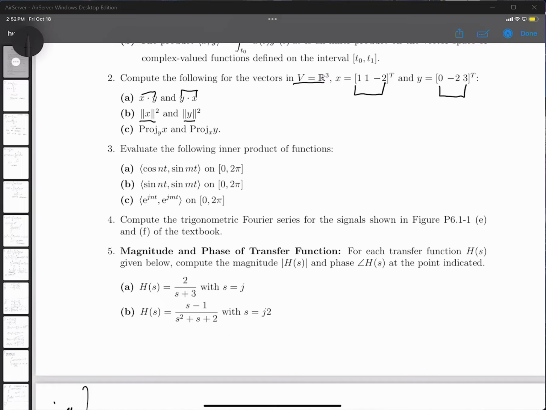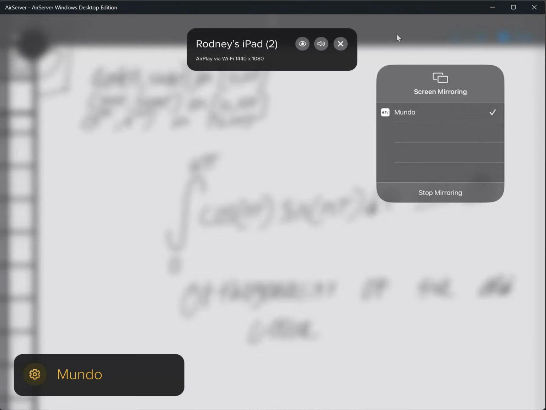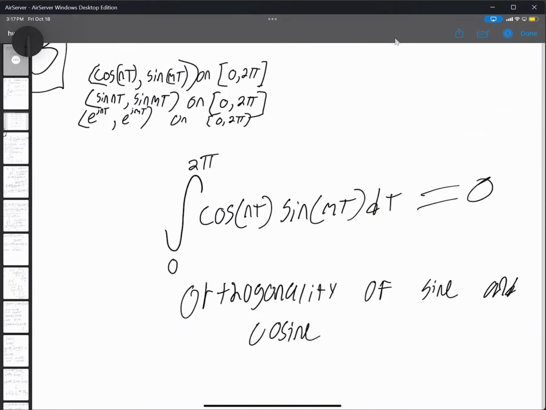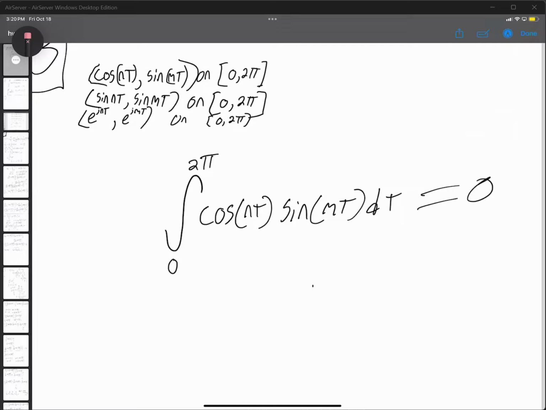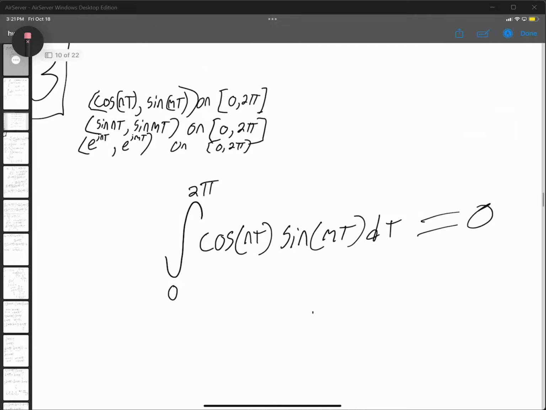We have the inner products that we're evaluating from the period 0 to 2 pi. So we're going to be integrating the inner product over 0 to 2 pi.